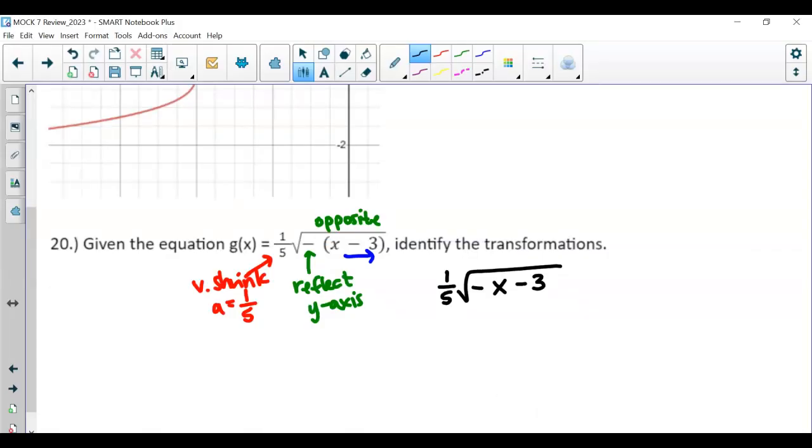Here's why. Because here we have to make sure if you have multiple operations inside of the radical, we have to have this value here in parentheses, meaning as if we are factoring out. So if there's no parentheses, that means we need to factor out a -1 because that's the common factor. They both have a negative.